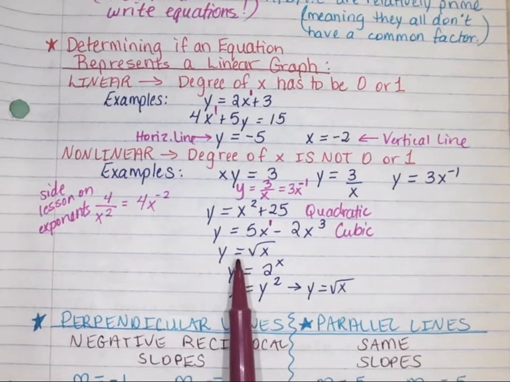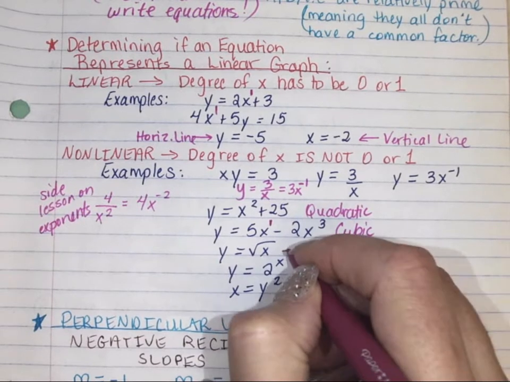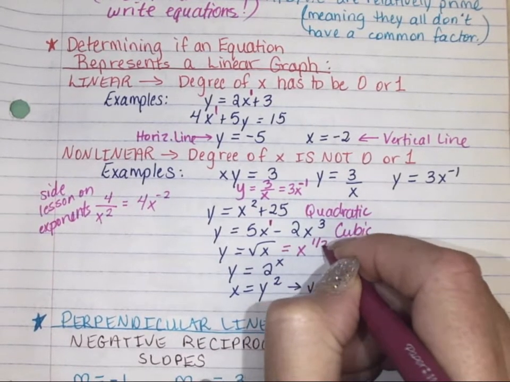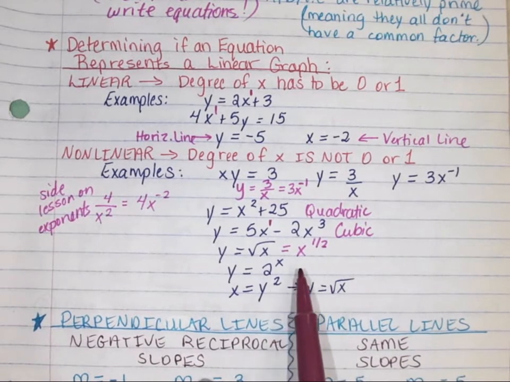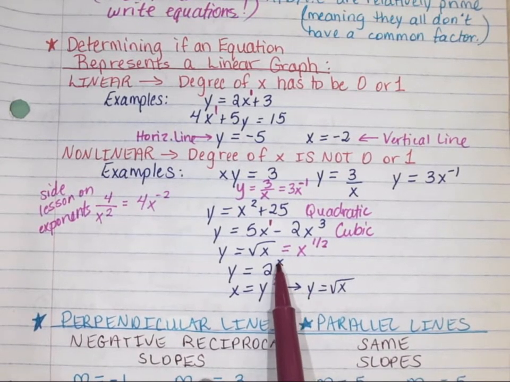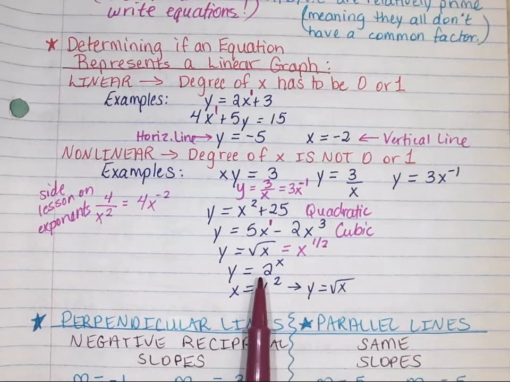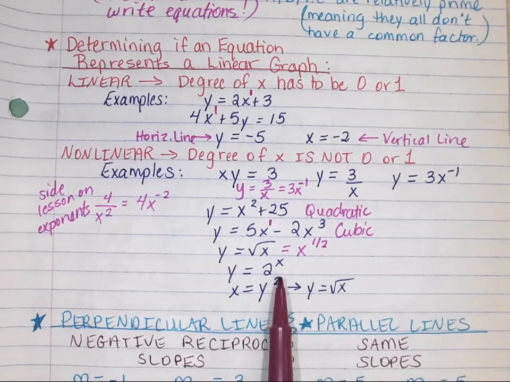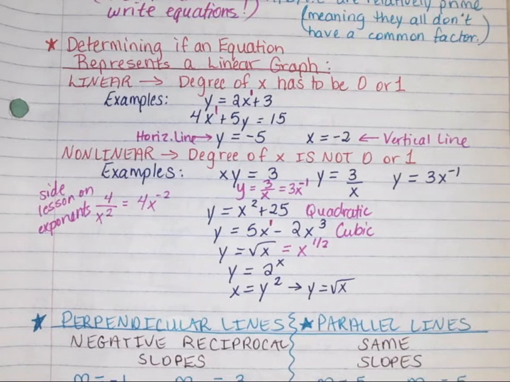And this exponent of x, since it's a square root, is also equal to x to the 1/2. It's power over root. So as you're seeing, if x is in the exponent area, it is definitely nonlinear. This would actually be an exponential graph. So linear just means that they all form lines. If they curve at all, it's definitely nonlinear.